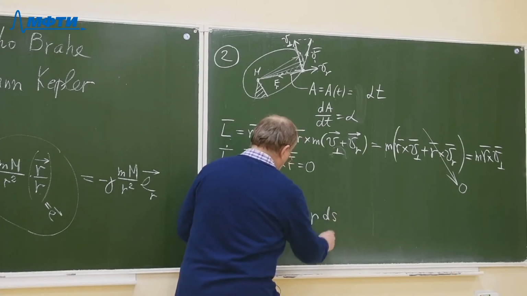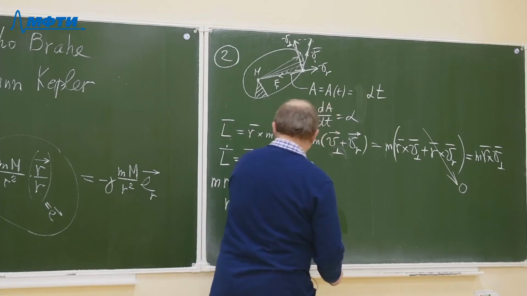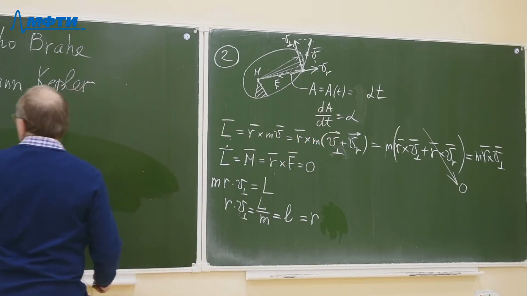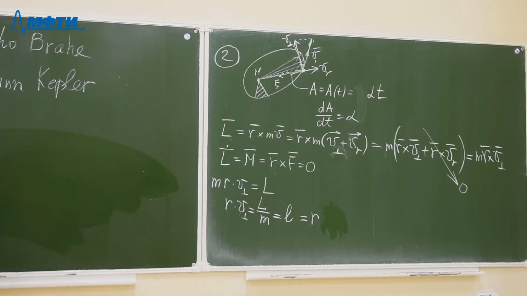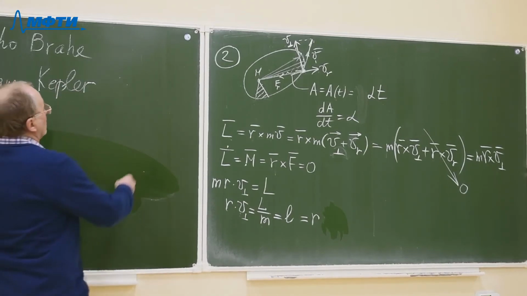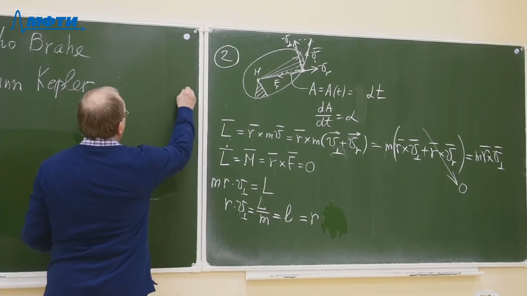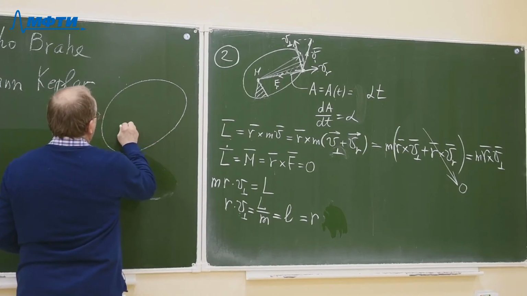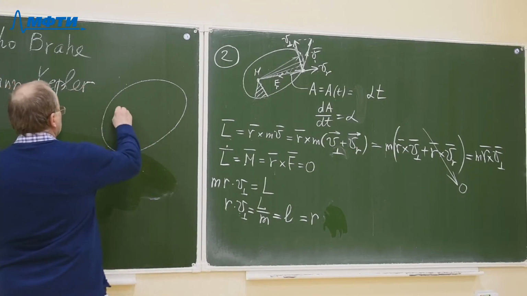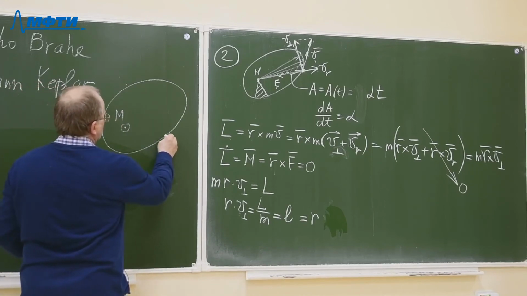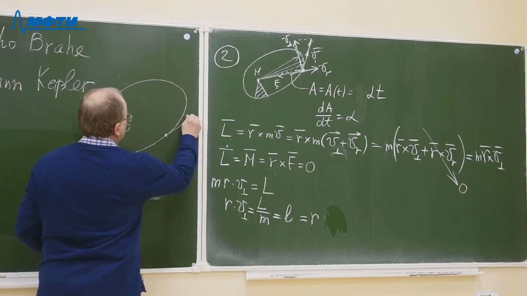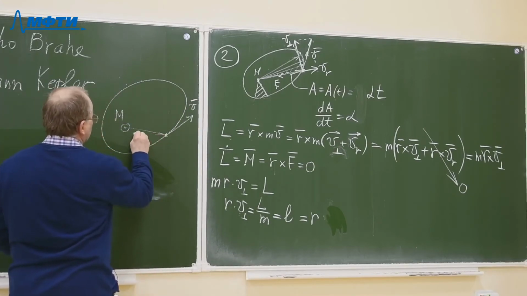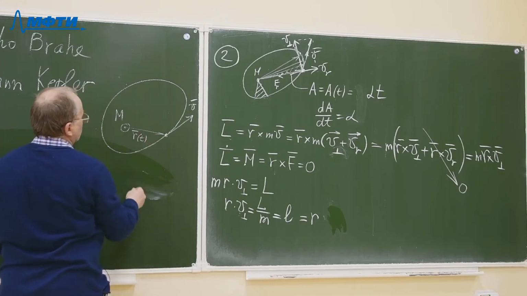Let's draw a picture to make it clear. So here is the elliptical trajectory. Here is the Sun of capital M, and here is the planet, and that's its velocity at a given moment of time, and that's the radius vector r at a given moment of time.